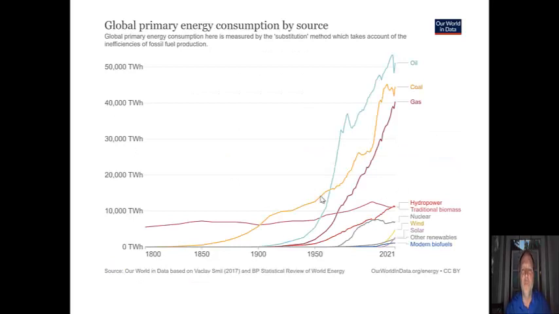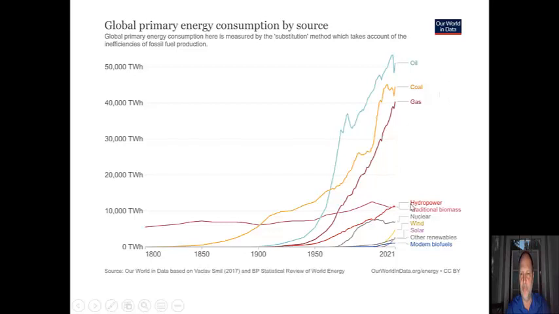While there is a lot of discussion about renewable energy sources, they are still not a very major source of energy in the world. This graph shows global primary energy consumption by source from the 1800s to today, and of course, most of the consumption is still in gas, coal, and oil.